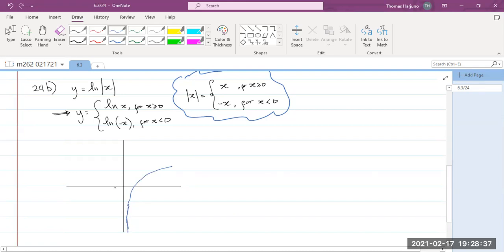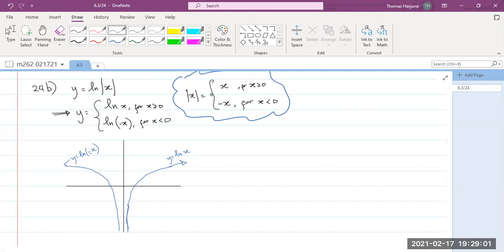And then on the negative branch, it will be just the reflection of that graph with respect to the y-axis. So this is y equals ln x. This is y equals ln negative x. Together, both of these will give you the graph of y equals ln absolute x. So that's for number 24.